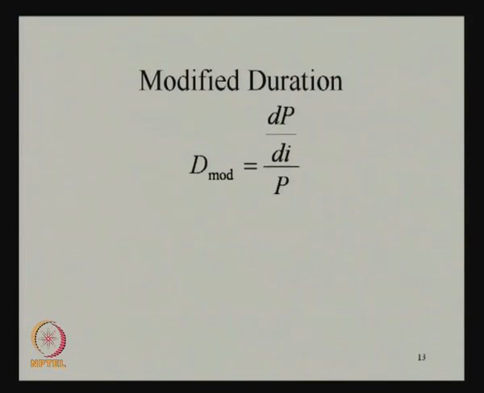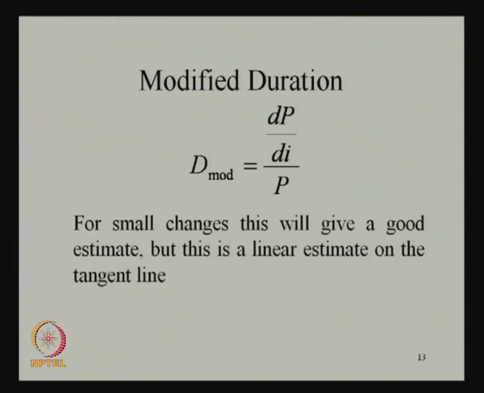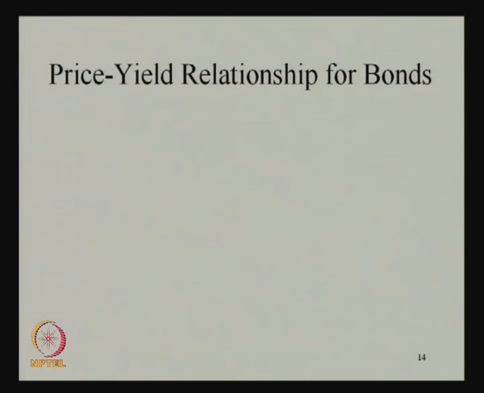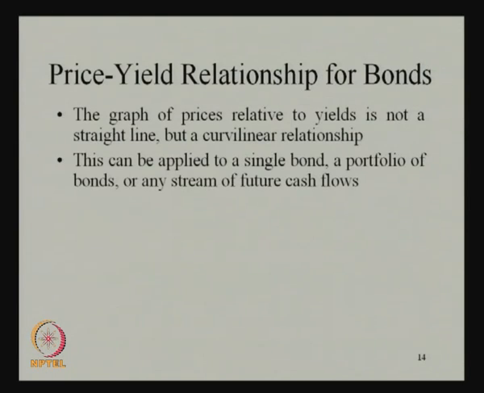If you want to see how the modified duration is measured, it is nothing but the first order derivative of the change in the price of this particular bond, dP by dI divided by P. For small changes this will give a good estimate, but it is a linear estimate on the tangent line.